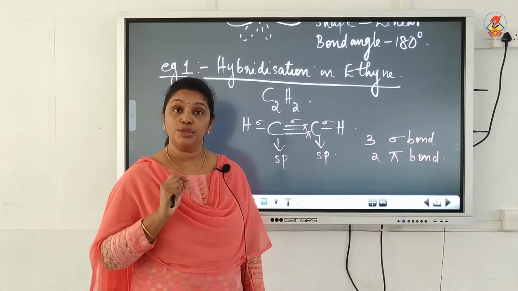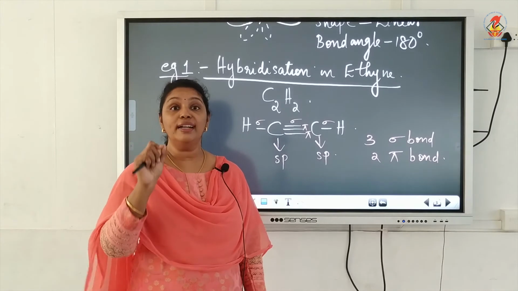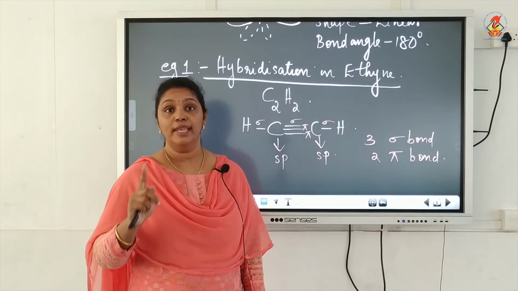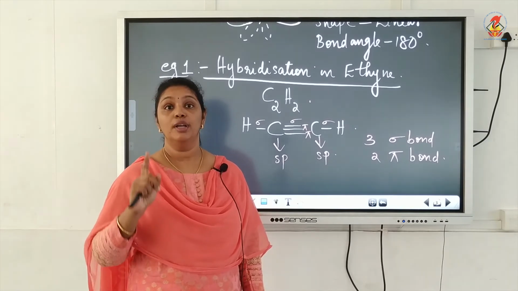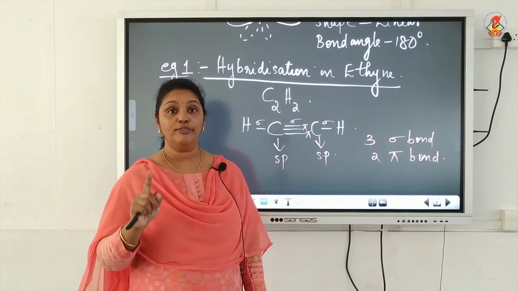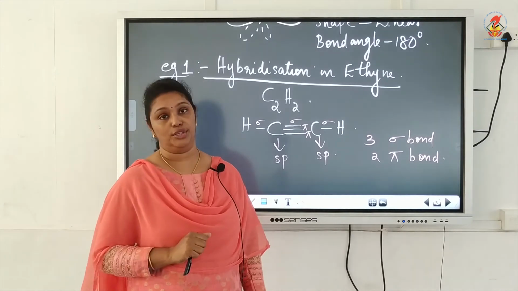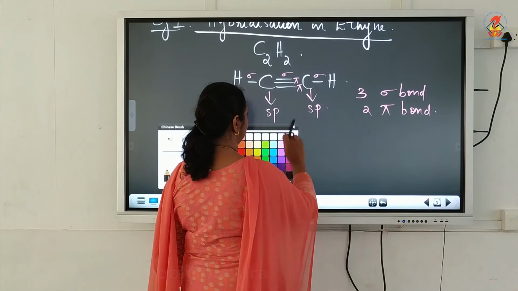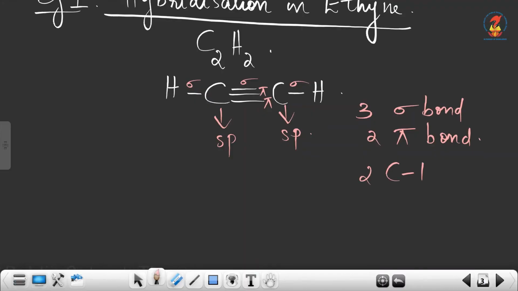Out of 2 hybrid orbitals, 1 hybrid orbital on both the carbons is used to form a sigma bond. How? By overlapping with half filled 1s orbital of hydrogen. So we get 2 CH sigma bonds.